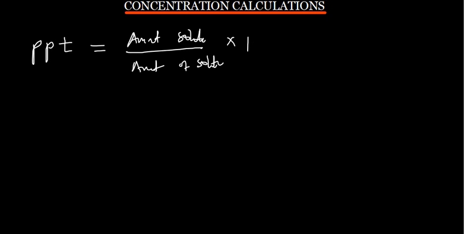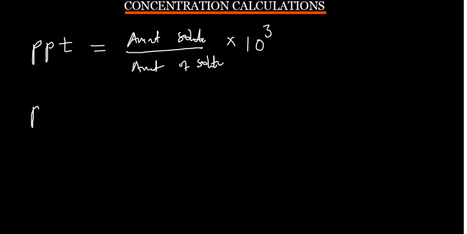Now 1000, I'll write as 10 to the power 3. That's parts per thousand. Now if the amount on top is in kg, make sure that the amount down is also in kg. If the amount on top is in liters, make sure that the amount down is also in liters. If the amount on top is in moles, make sure that the amount down is also in moles. Okay, that is parts per thousand.